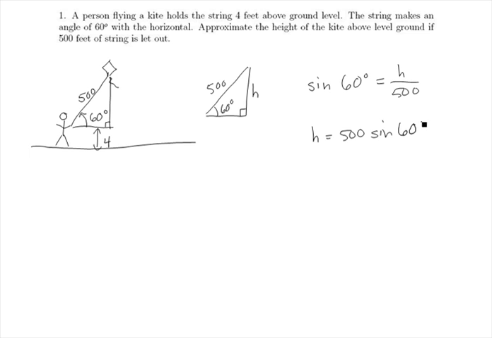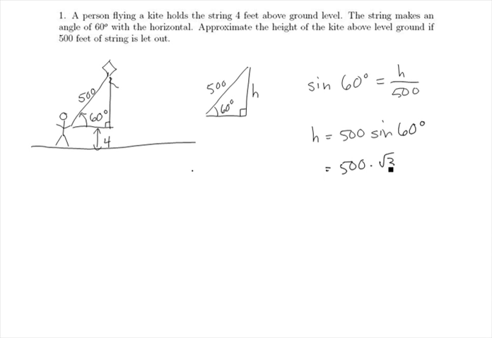Now sine of 60 degrees is one of those special values that we can find directly, because we know that if we have a 60 degree triangle like this, the opposite side, the sine or the y-axis, is going to be the longer side, which in this case would be radical 3 over 2. So this would be 500 times radical 3 over 2.